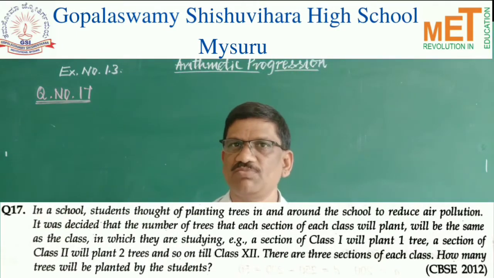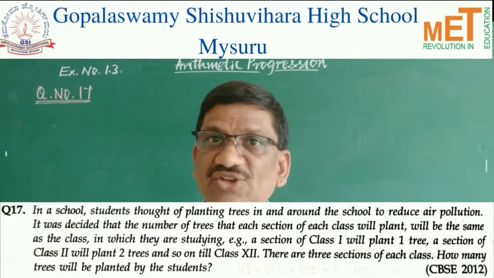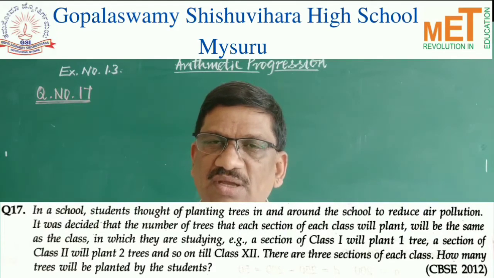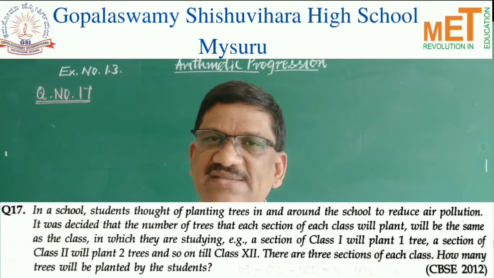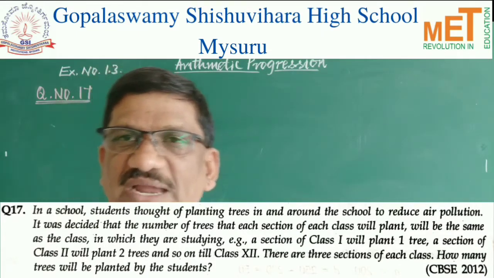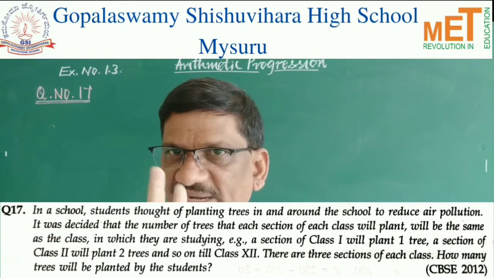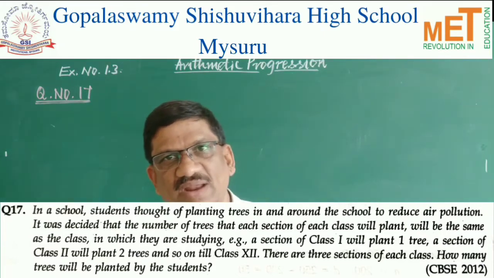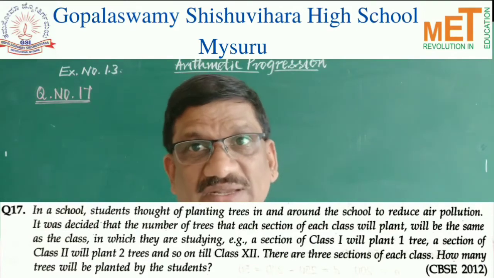So what is it? A school wants to plant trees to reduce air pollution. Now what is the condition here? A section of a class will plant as many trees as the class it is. For example, a section of class 1 plants 1 tree, a section of class 2 plants 2 trees, a section of class 3 plants 3 trees, and so on till the 12th class.